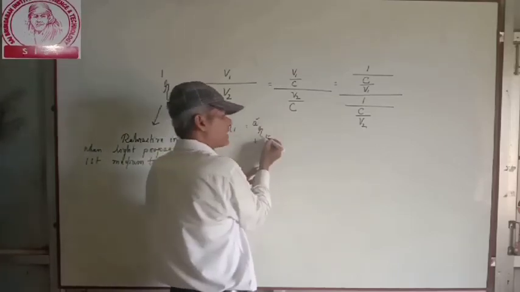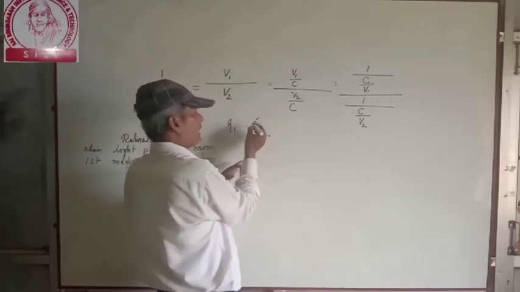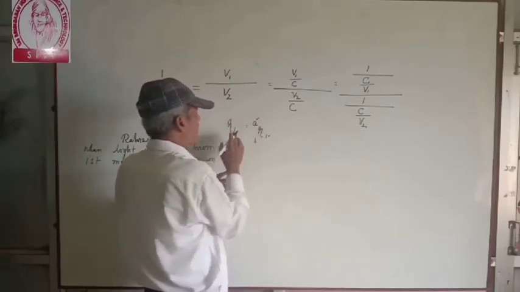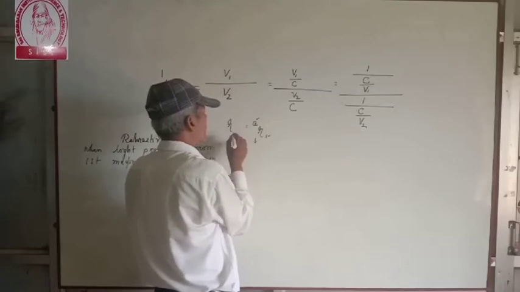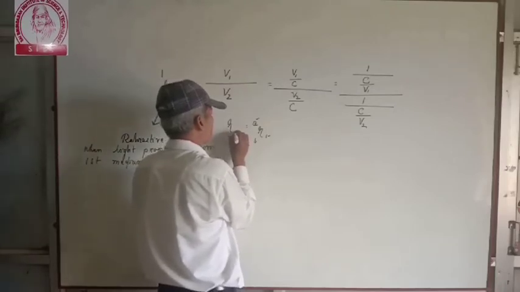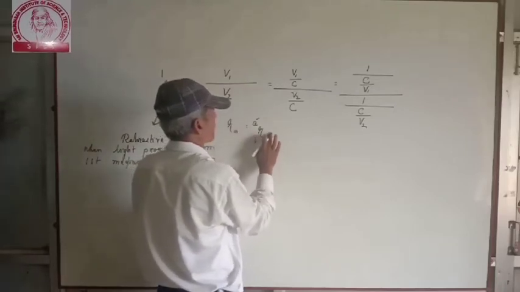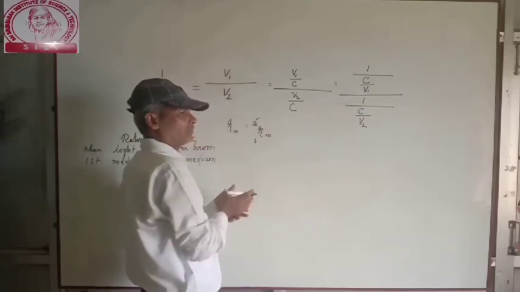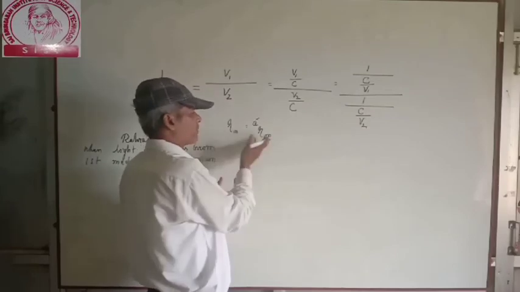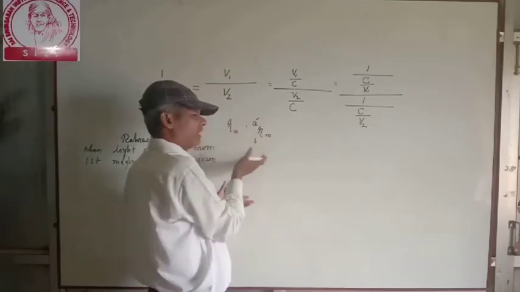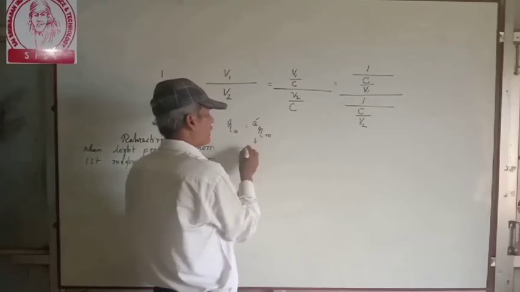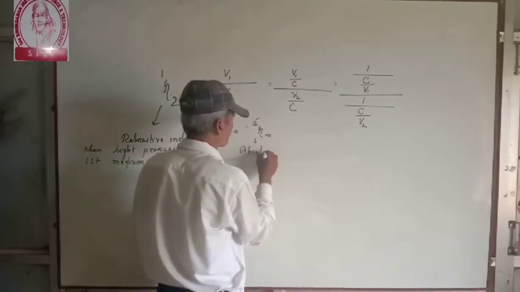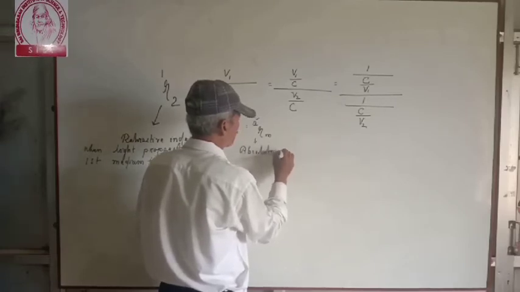The medium is named as 1 and it is clearly air. Nothing is written means it is air. Let's say this is M, any medium. M means refractive index of any medium and this is called absolute refractive index.